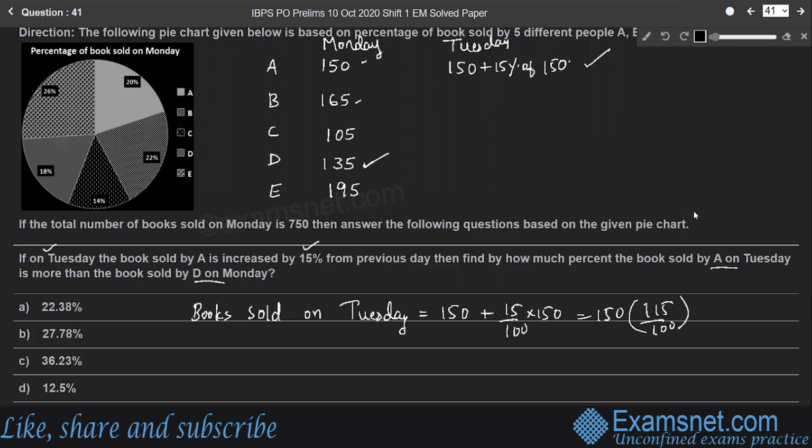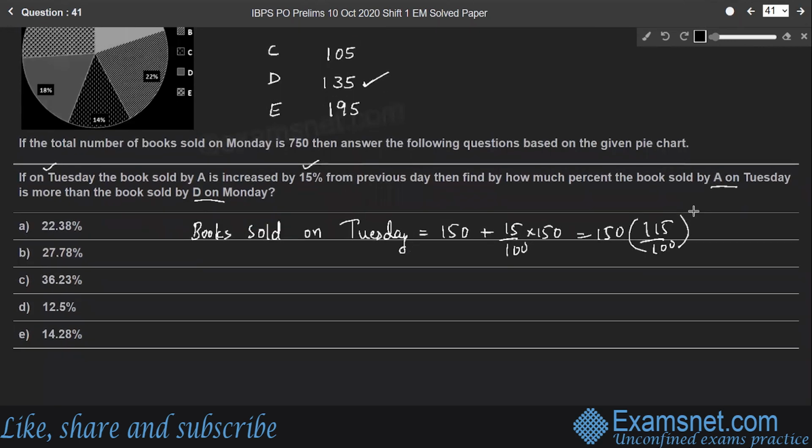Which gives 15 by 10 into 115. Right? So you will get 172.5 totally. Right? Books sold on Tuesday is 172.5.